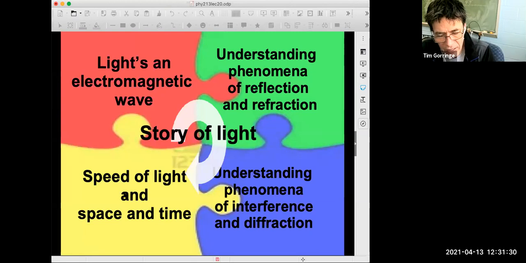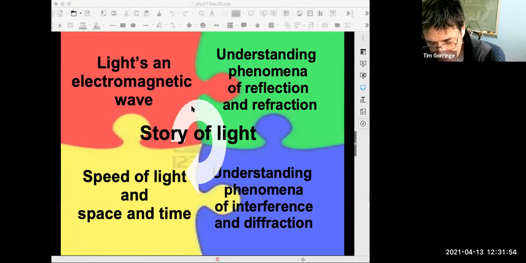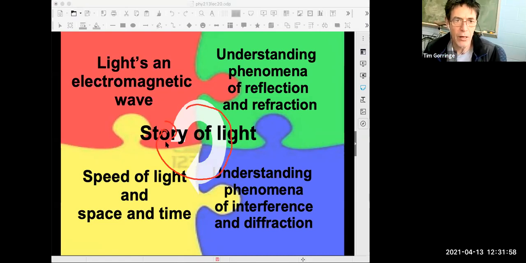And then finally, on Thursday's class, we're going to end up over here on the bottom left, complete the circle, and we're going to talk about the speed of light and what it means, the strange things that it means for the nature of space and time. And so this will be a complete story of light, if you like, to walk around this path. Okay.